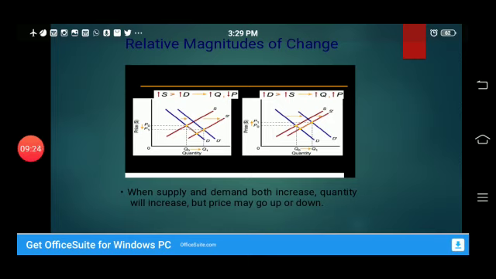Now this D1 and S1 will intersect at a point. This new equilibrium point is P1 and Q1, and here we can clearly see that the price has decreased and the quantity has increased. In a similar way, we will discuss the next diagram as well.